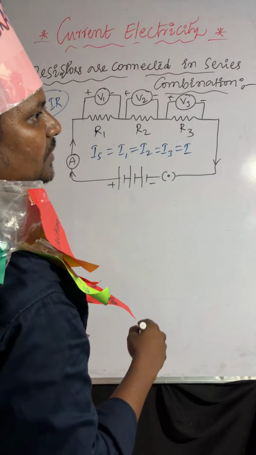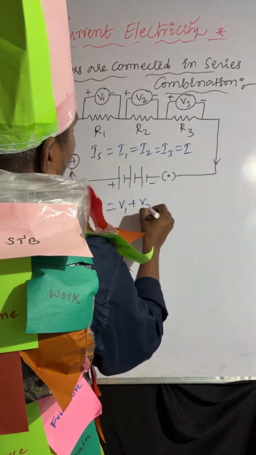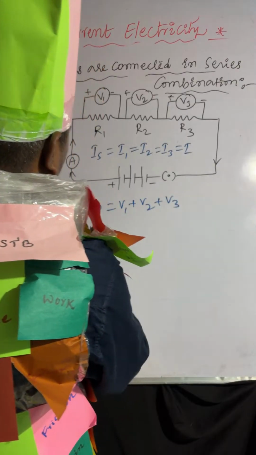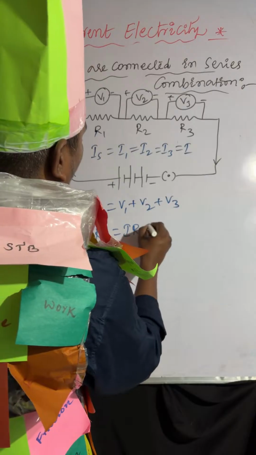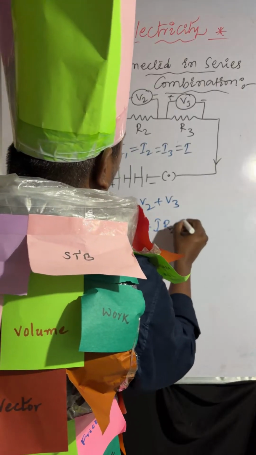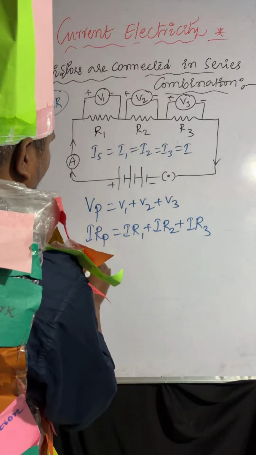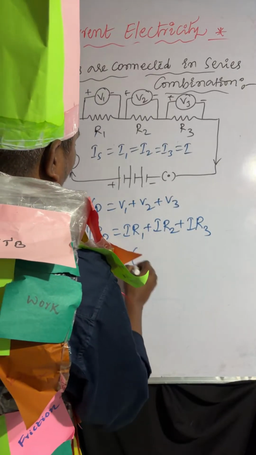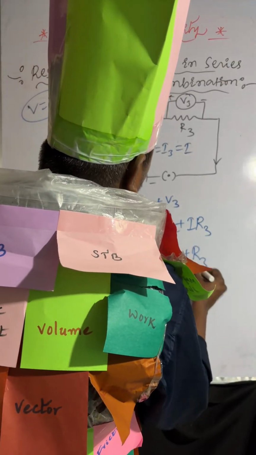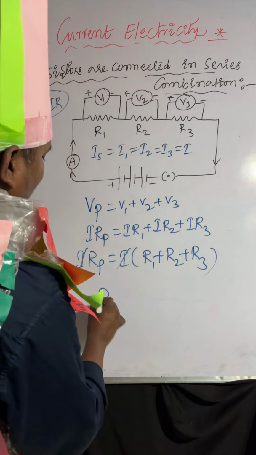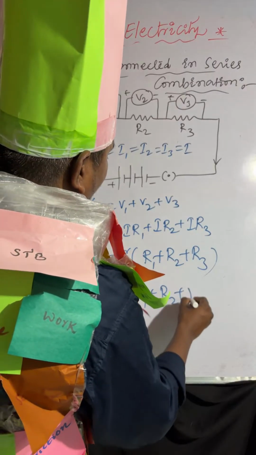Then Vs equal to V1 plus V2 plus V3, that is IRs equal to IR1 plus IR2 plus IR3. Taking I common, R1 plus R2 plus R3. So I cancels. Rs equal to R1 plus R2 plus R3.